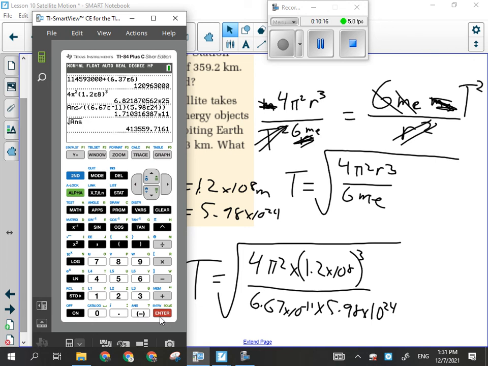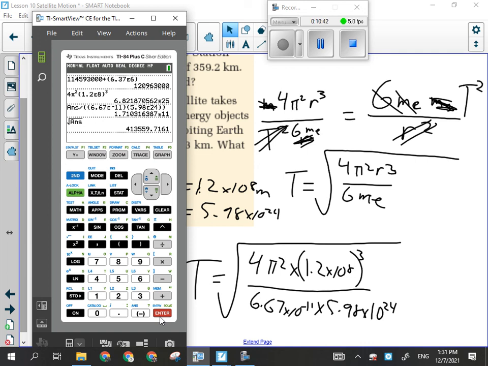All right, so that's the orbital period of the satellite in what units? Seconds. The reason it's in seconds is because we set force equal to force. That's newtons equal to newtons, kilogram meters per second squared, so our units for time come out to seconds. Could you leave it in seconds?